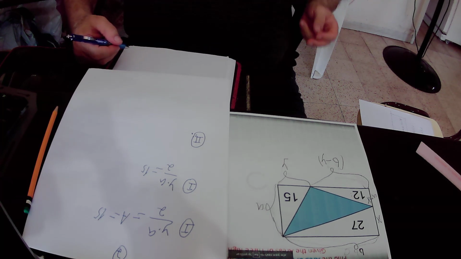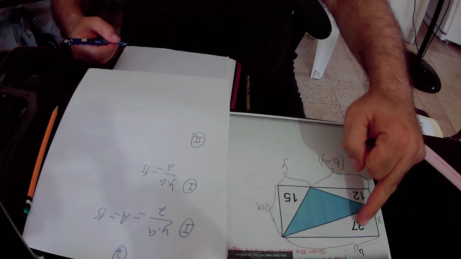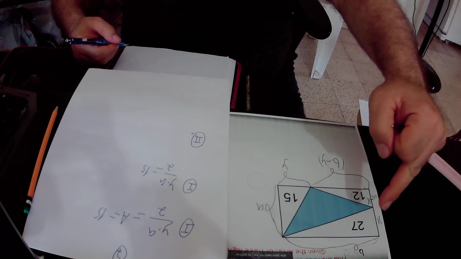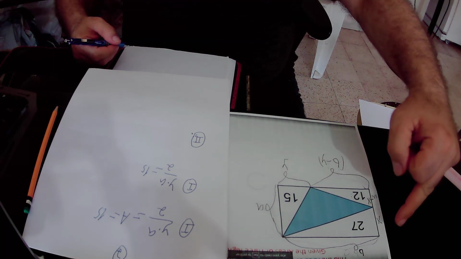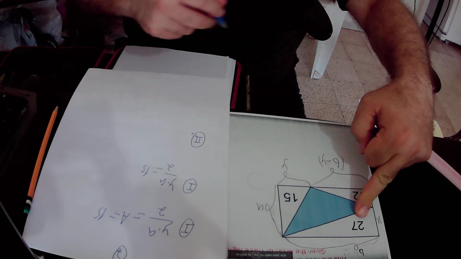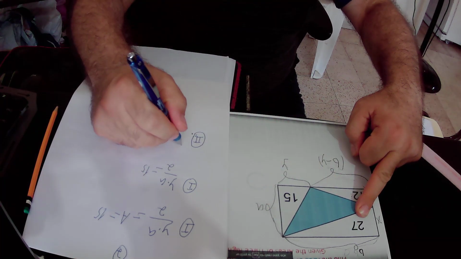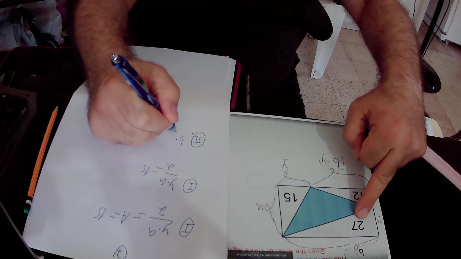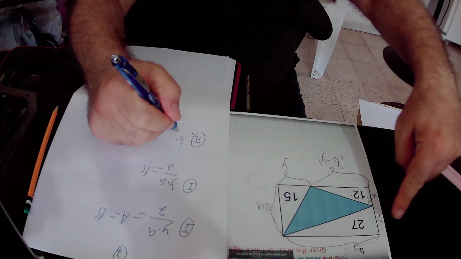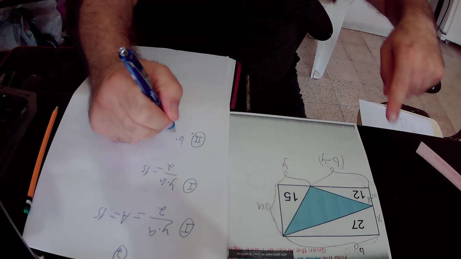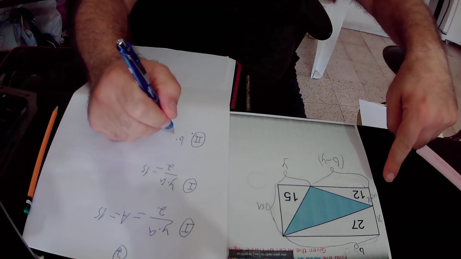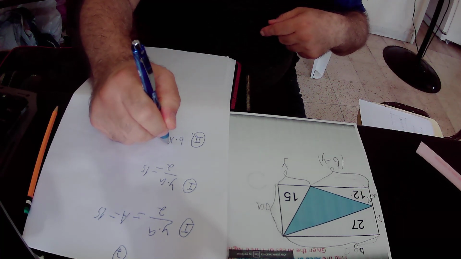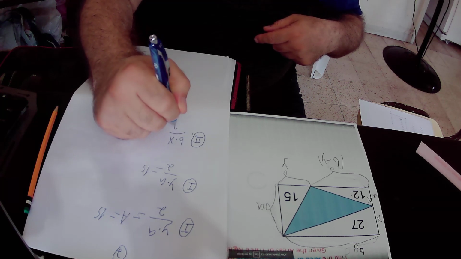The formula will be its base, which is b, that is also the length of the rectangle, times the height of the triangle, that is x, all divided by 2.